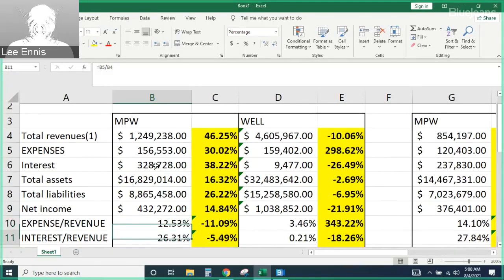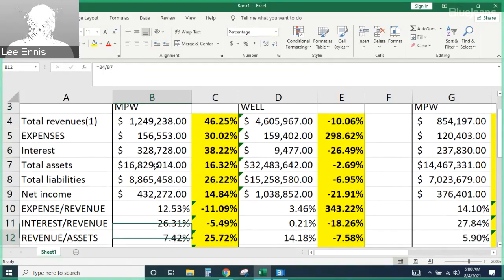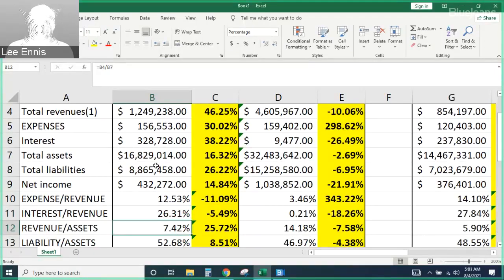Interest is how much interest they're paying on their loans compared to how much revenue they're bringing in from those loans. And then revenue to assets is how much money they're making compared to the amount of assets that they have.